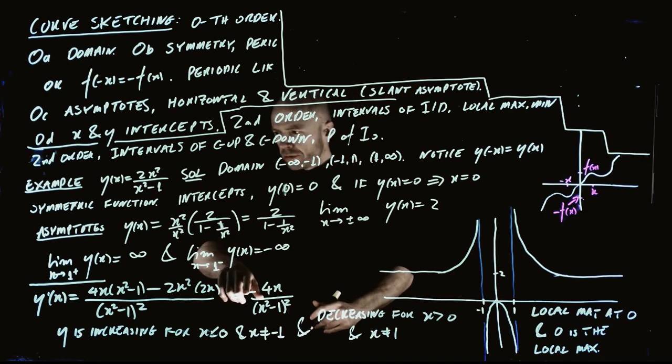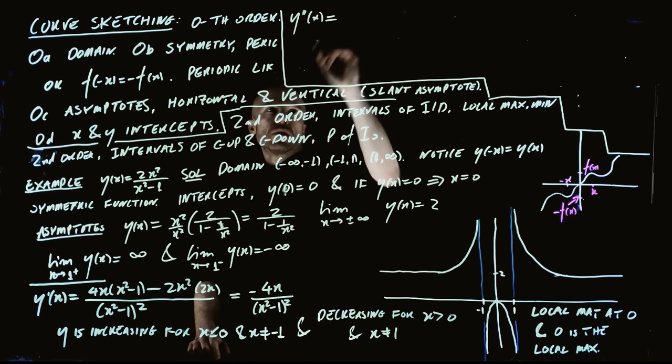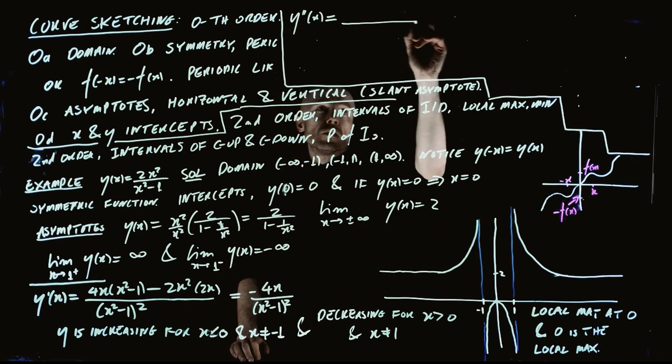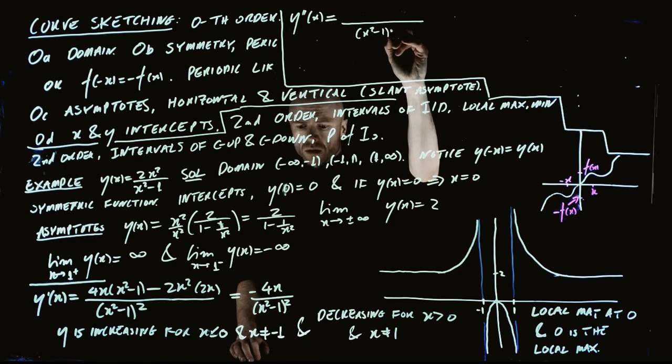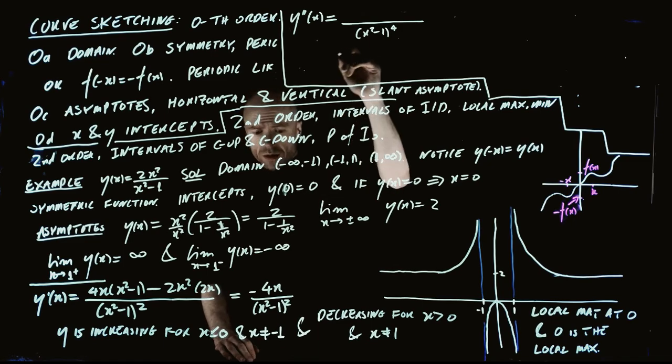All right, so our derivative is this thing. We want to calculate the second derivative. So everything under the bottom guy is squared, so we have x squared minus 1 now to the power 4. Differentiate the top guy, leave the bottom guy alone.